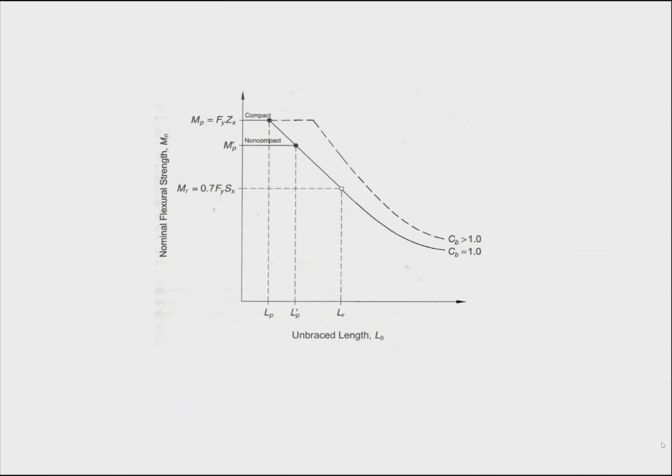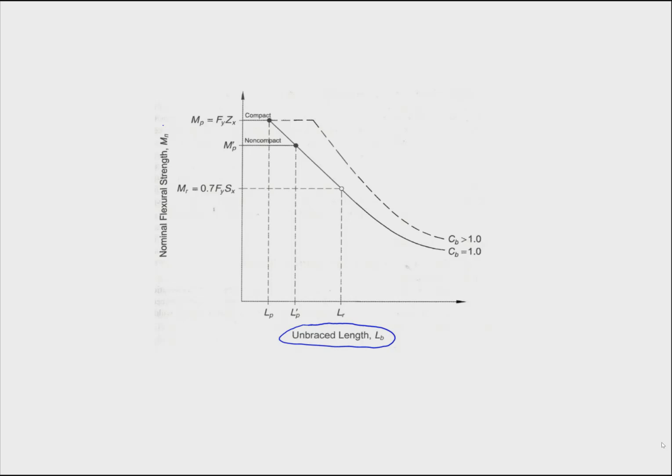So the AISC manual provides a curve to determine the strength of the beam, or the nominal flexural strength of the beam, when there is the possibility of lateral torsional buckling, and also when there is the possibility of the section being non-compact. So on the horizontal axis here, we have unbraced length. So this is the distance between lateral supports.